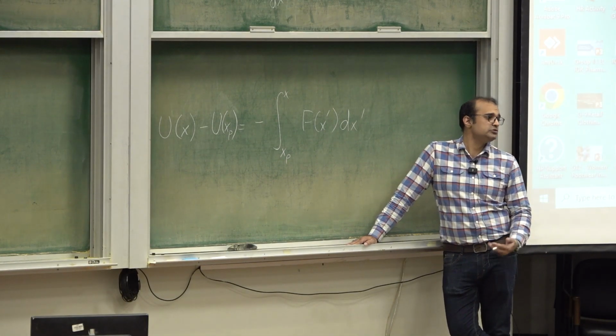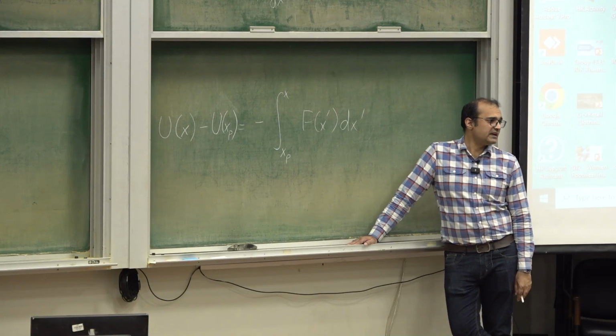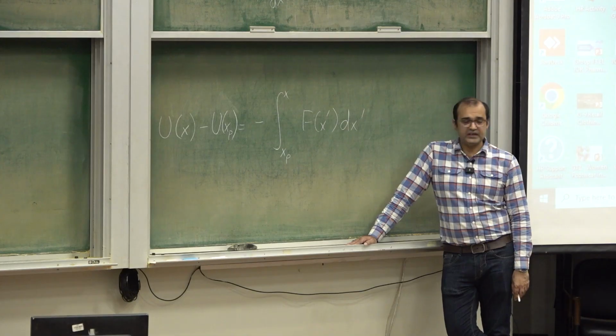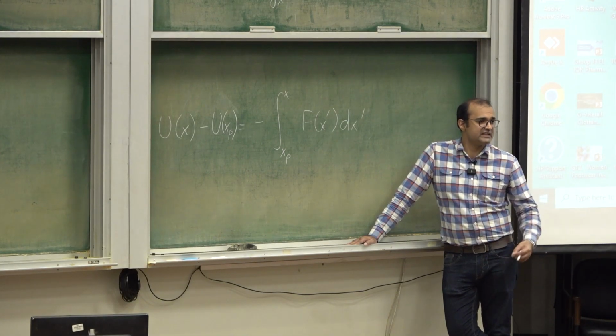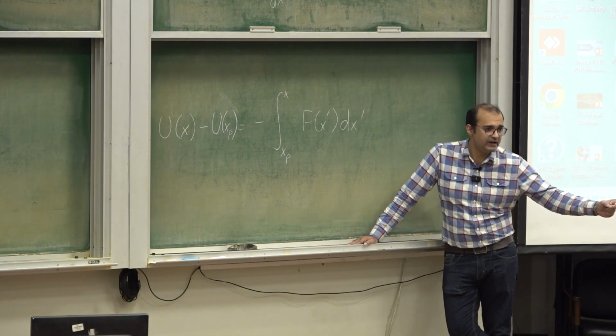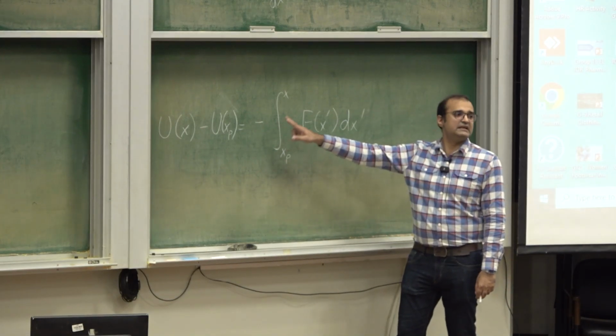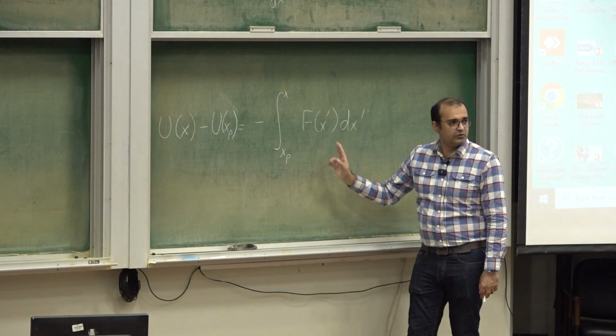This is how you compute the potential energy. You choose a reference point, and you calculate the change in the value of the potential energy function between the reference point and the point at which you are calculating it, that point being x. This is the negative of the integral of the force.